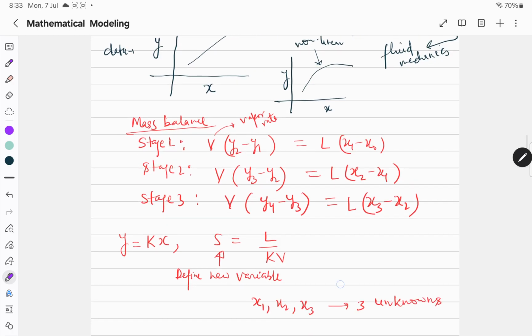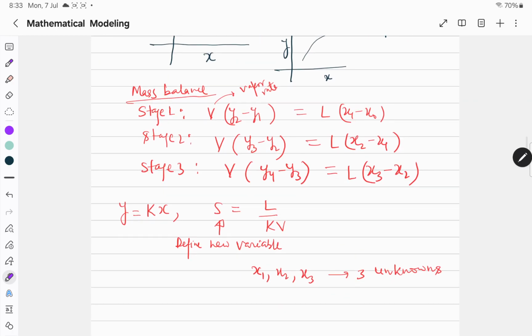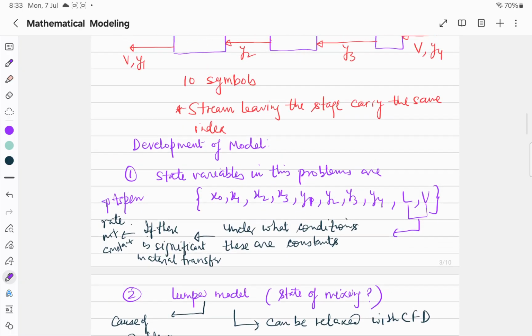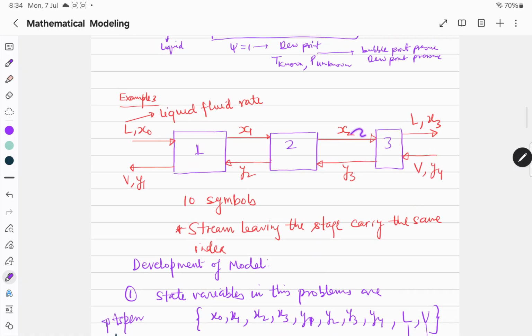You have 3 equations. Now y and x are related, because at this stage, x2 is the liquid composition leaving stage 2, and y2 is the vapor composition leaving stage 2. Both will be in equilibrium, so they will be related through y is equal to kx.